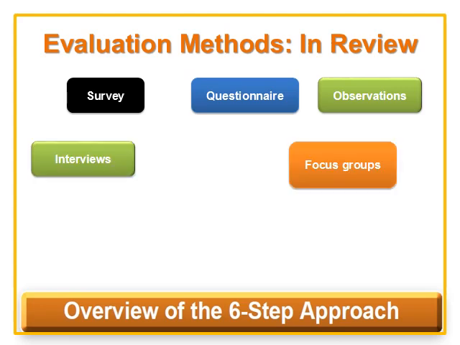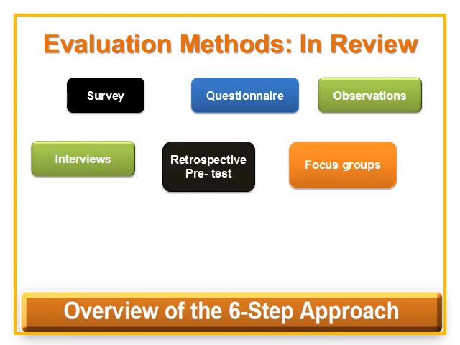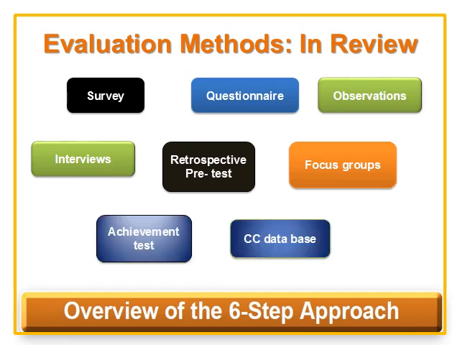Focus groups, interviews, your retrospective pretest, achievement test, or the community college database. And again, you can use a combination of these. Choose your method as to the appropriateness to measure your objectives.